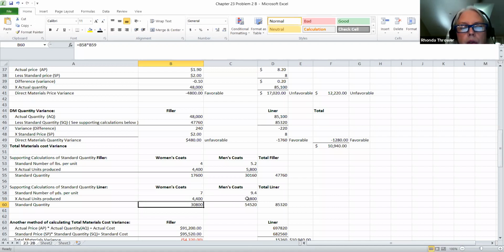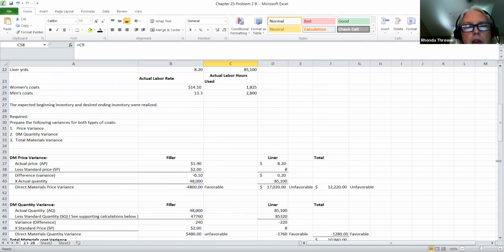Now you're going to also have to figure it for the men's coats before we can find the total standard quantity for both the women's and men's coats. So starting with your men's coats now, we're going to take the standard number of yards per unit, and that's a given amount.